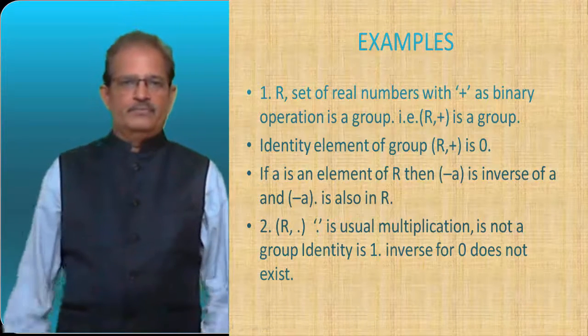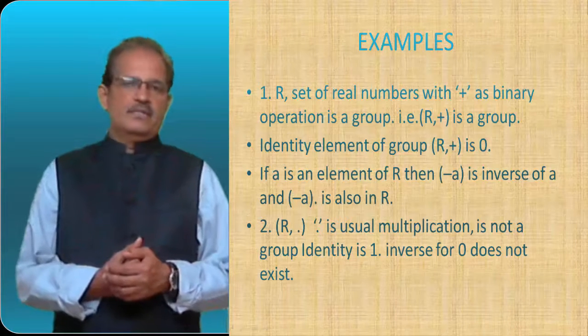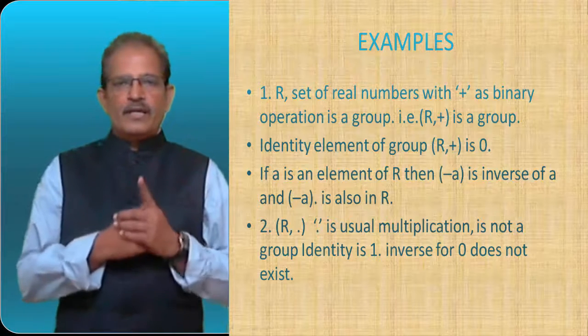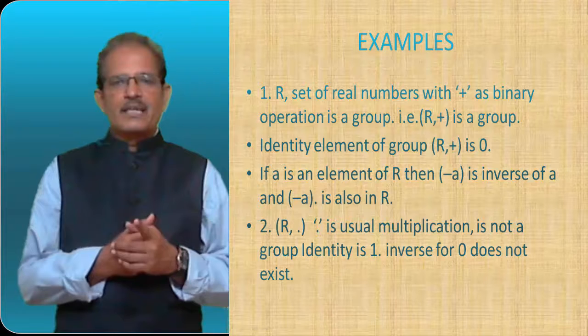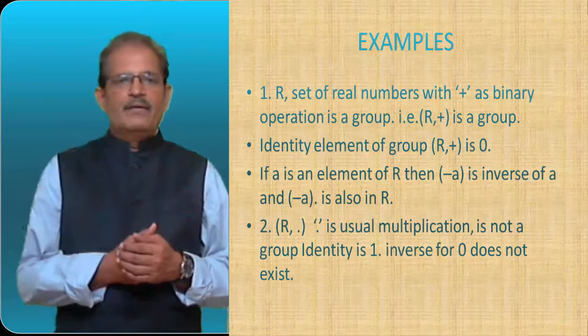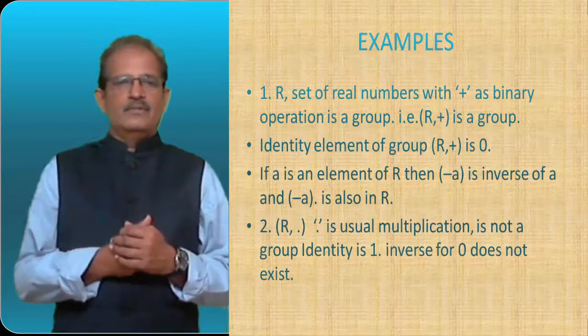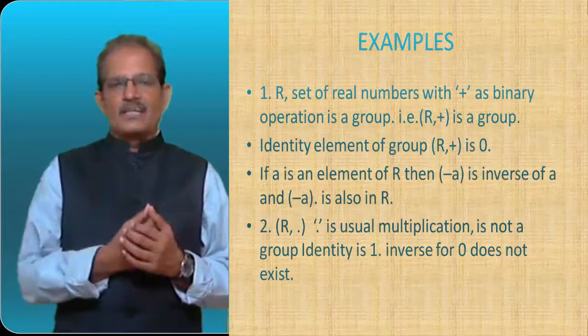Capital R, set of real numbers with addition as the binary operation. If you take the set of real numbers R with addition as the binary operation, then it forms a group. Here, (R, +) is the set of real numbers with usual addition.